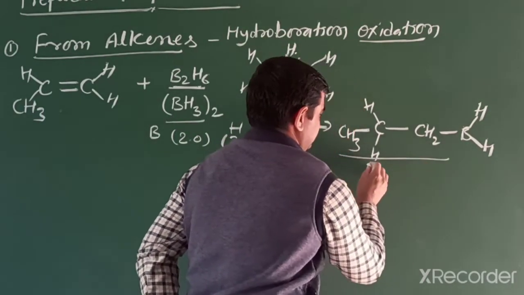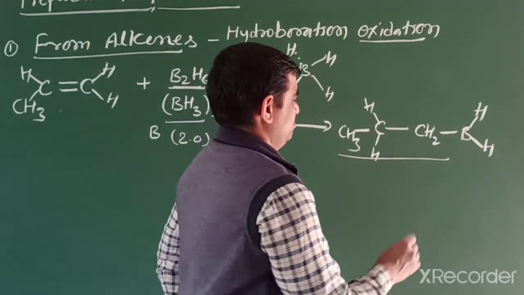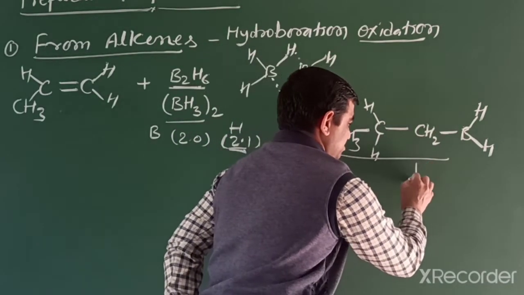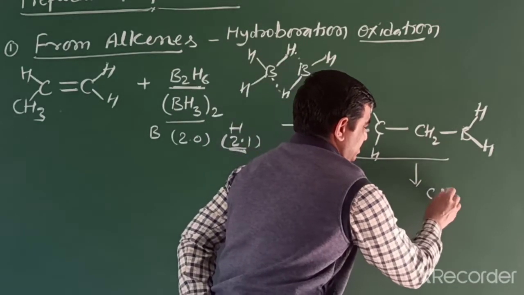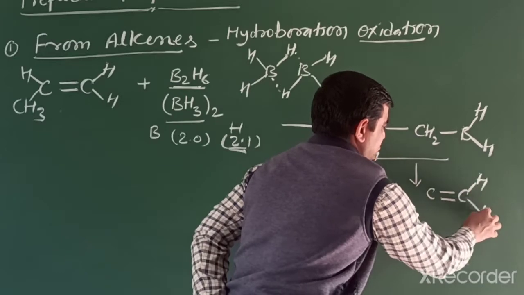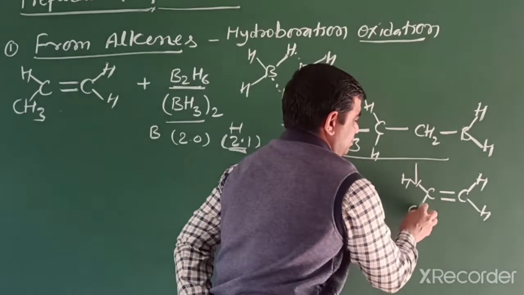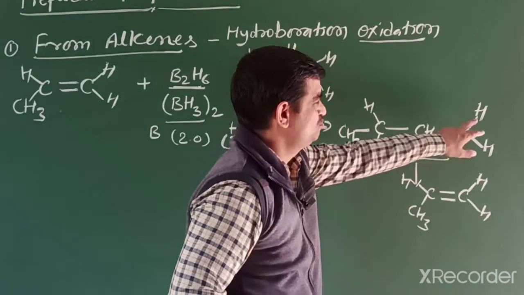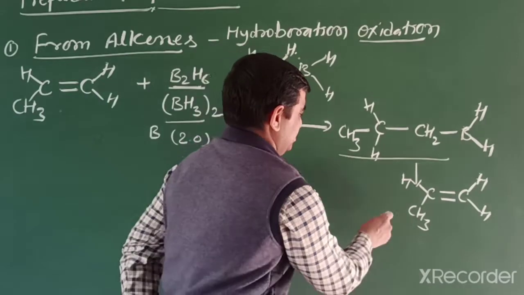We can write this alkyl borane, or we can say propyl borane. Further it reacts with 1 mole of alkene. Why does it react further? Because 2 boron hydrogen bonds are also available, so it reacts with 2 moles further.